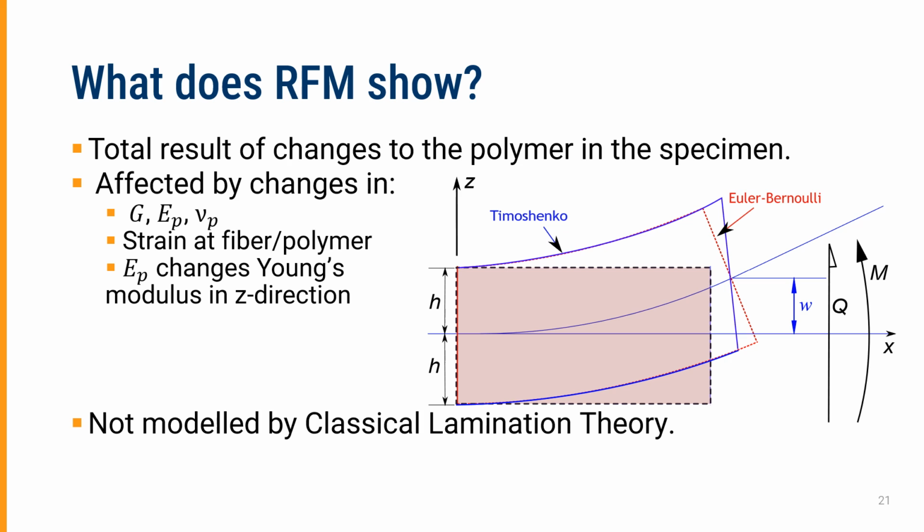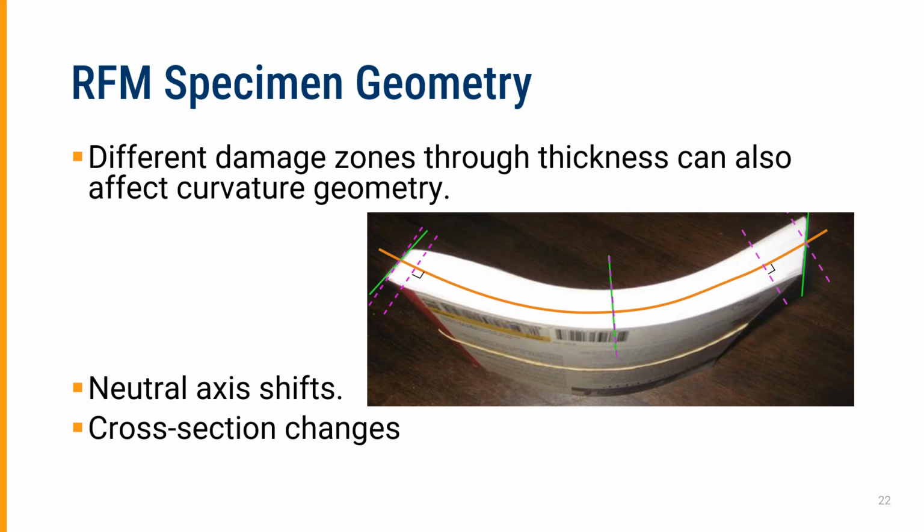These changes are not modeled by classical lamination theory. And in fact, the reason they're not modeled is that we actually start to see a few things take place. And I'll show you on the next slide what happens with that.